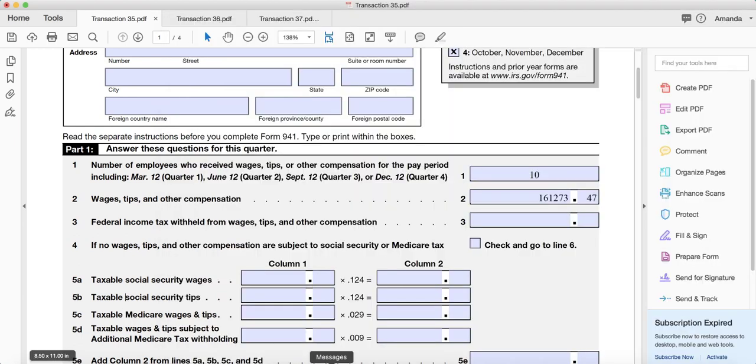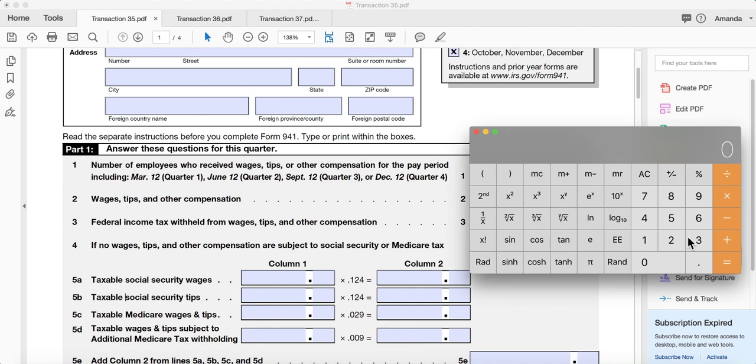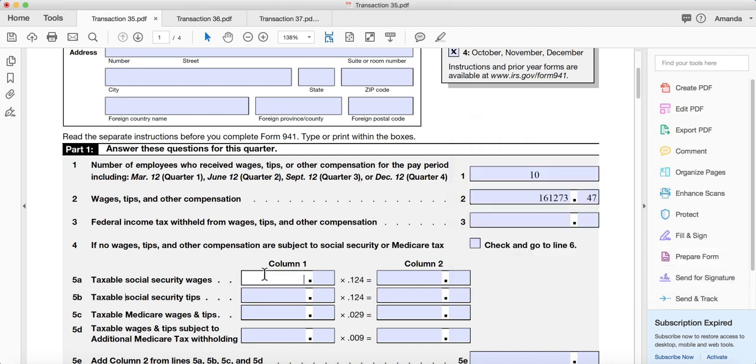So we're going to go back to the form, take our 171,917.47, subtract our 13,038.41. That gives us $158,879.69. And then we would do the multiplication to calculate column 2.